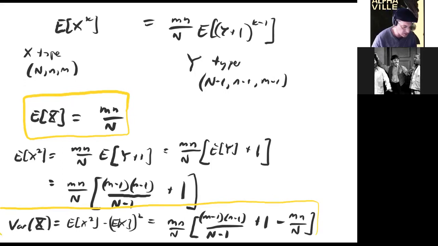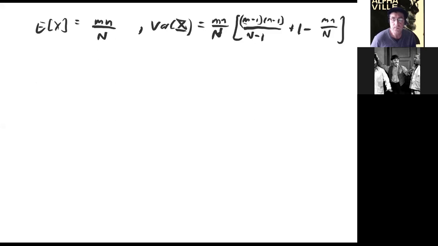So far, I'm just going to make one more comment about how to think about this. If we try to make the following substitution, what does M over N represent? Remember, M was the number of white balls in the urn and capital N was the total number of balls.